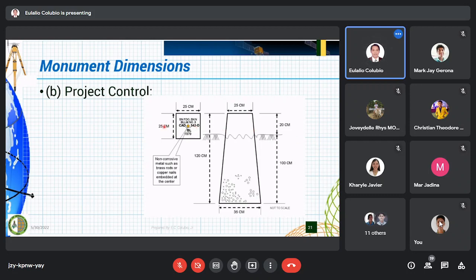BL stands for the Bureau of Lands, so I think this control was established by the Bureau of Lands in 1979. So again class, I remind you that project control usually has its letterings on the side, not on the top. Okay?